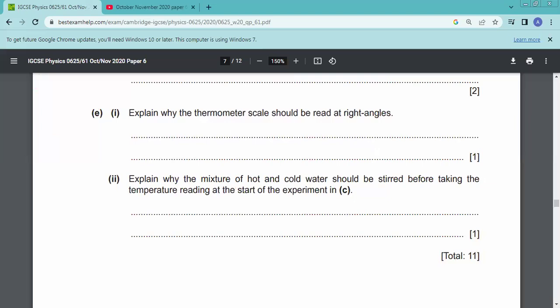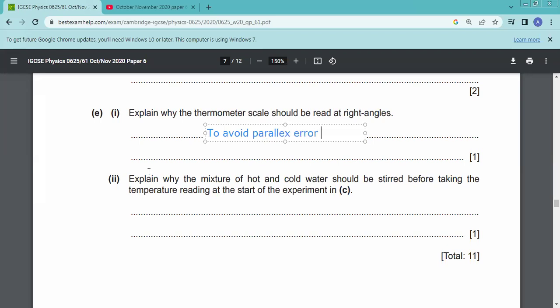Why? Because it is to avoid the parallax error. So basically it's to avoid the parallax error.